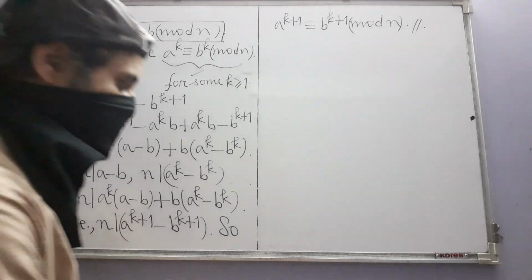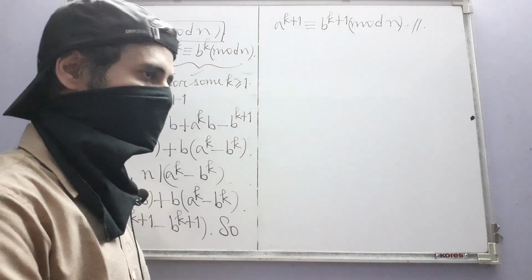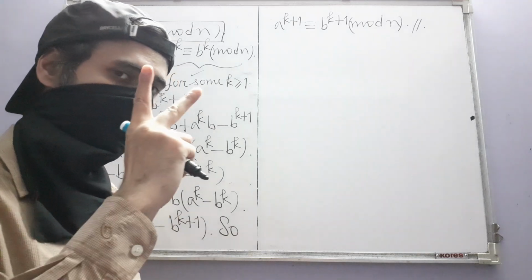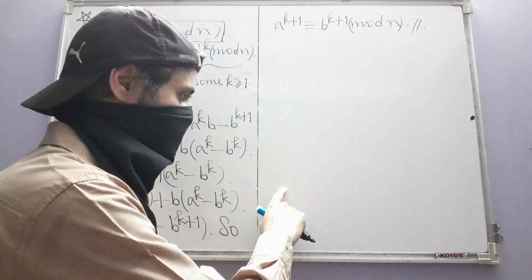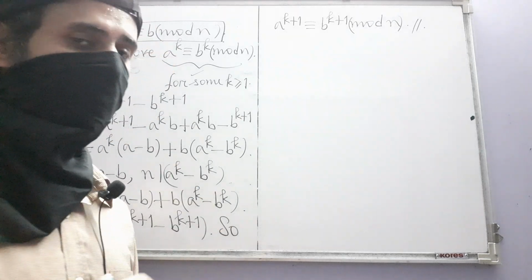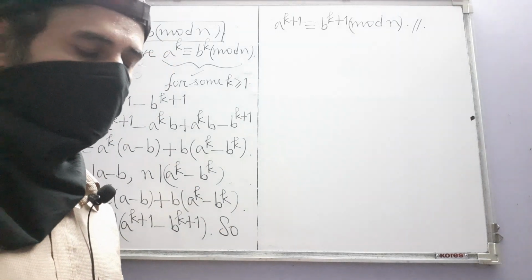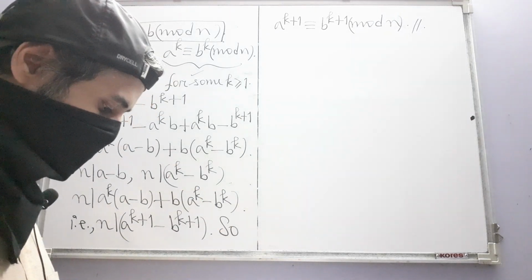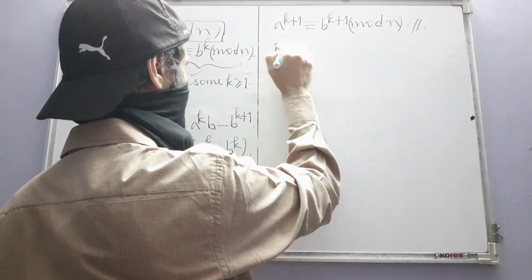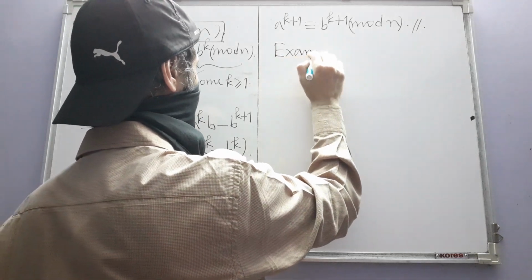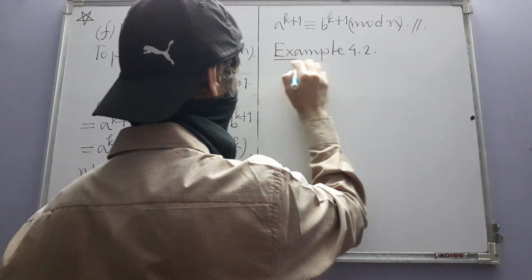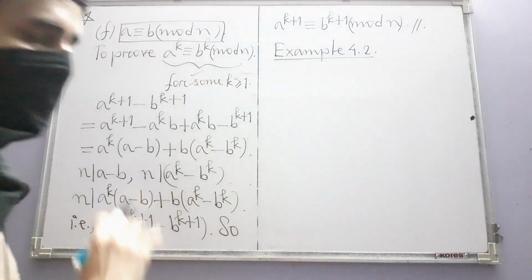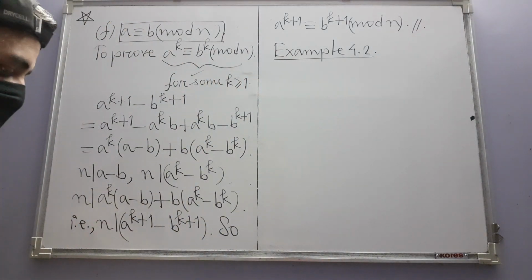Now, before I end the video, let's see two examples in which we will be using these things to prove non-trivial divisibility statements. And the first example is this. And in these examples, we immediately realize how powerful this idea and these results are.